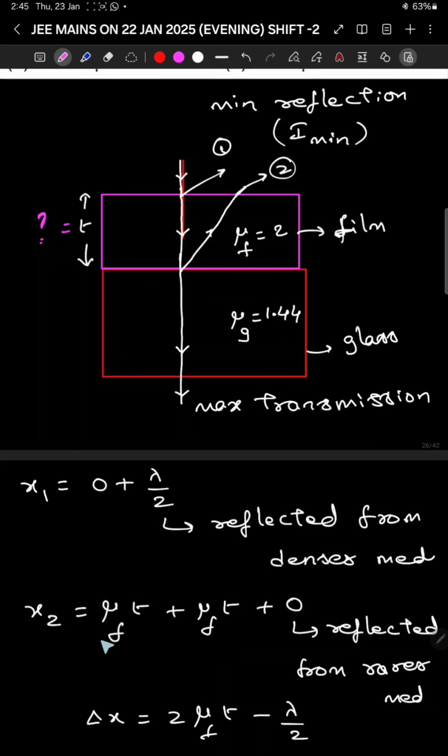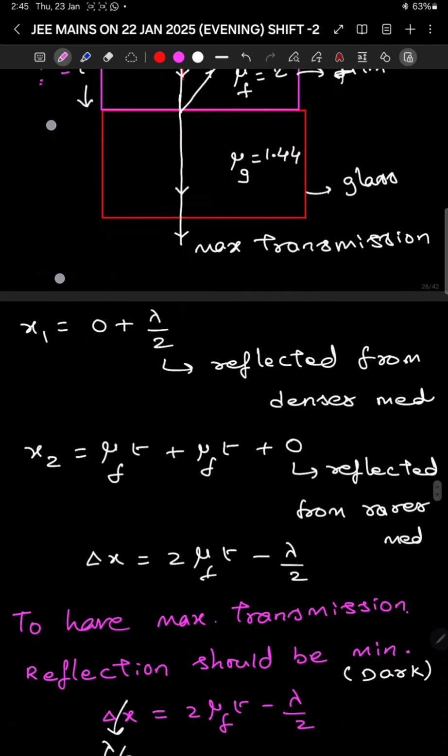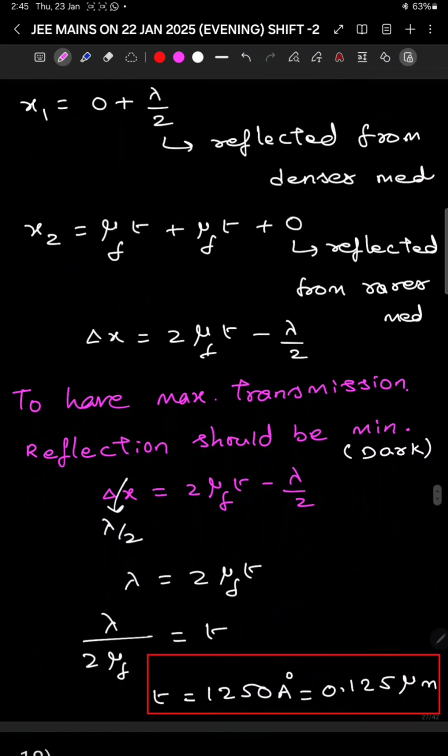So the total path difference will be 2 mu t minus lambda by 2. To have maximum transmission, minimum reflection should be there, so this intensity should be minimum. To have minimum intensity, the path difference will be an odd number of lambda by 2. Substitute here. You can find 2 mu t equal to lambda. You can find the thickness of the film.